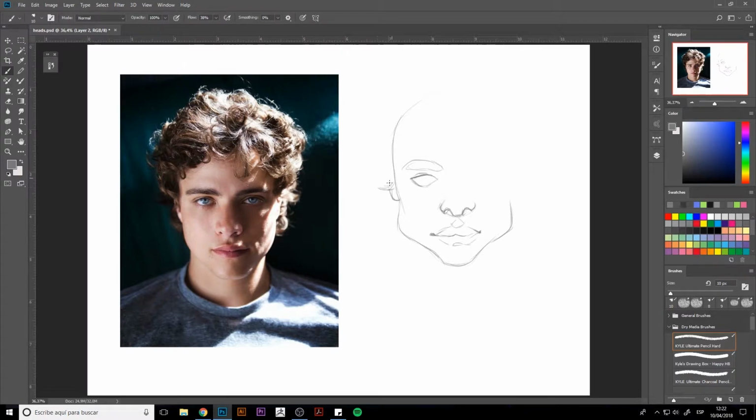We also need to bear in mind that our drawing must have some similarities with the real one, so that those who know the guy can recognize him without any problem at first sight.